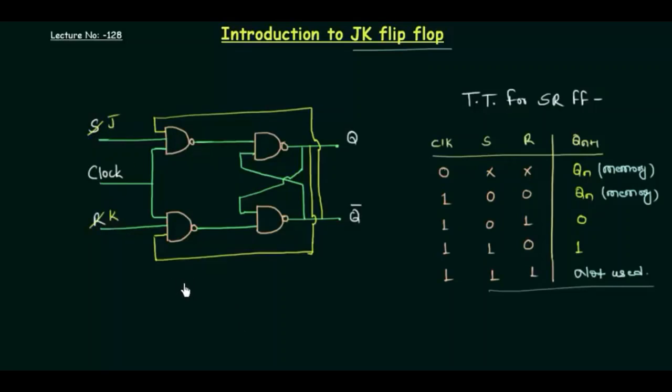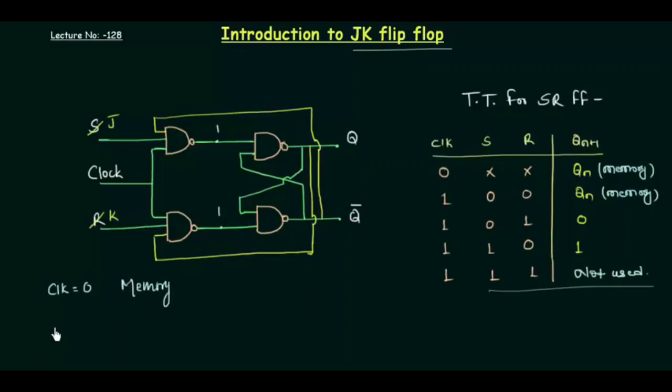The next thing is the working of this flip-flop. So the first case is when clock is low, and you already know in this circuit when clock is low, at this point I'm having 1, and at this point also I'm having 1, and this is your NAND SR latch, you already know. And whenever the input to the NAND SR latch is 1 1, the output is stored, so I will call it memory state.